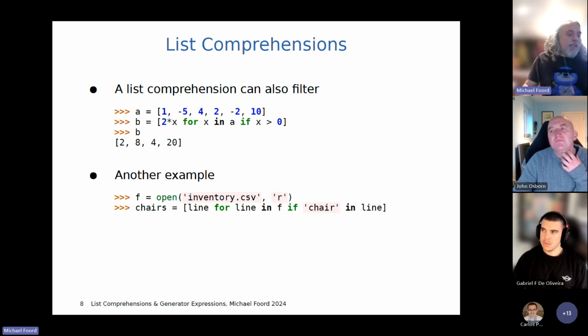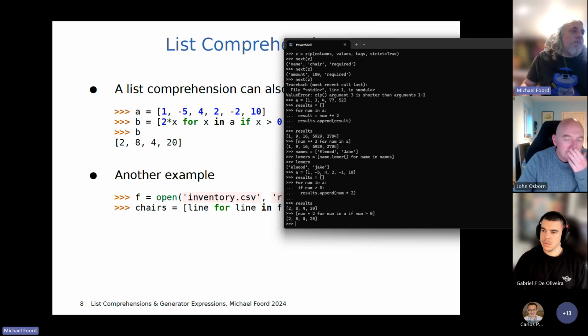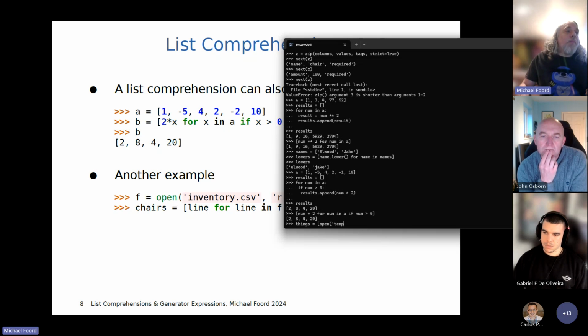I have done it. Let's have a look. We might have something that you can call a method on. Things. Let's have file handles. Let's open temp.py. Imagine these were all different files, and we had a pipeline of file handles that we're processing.